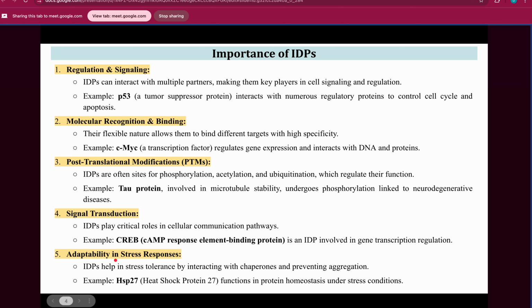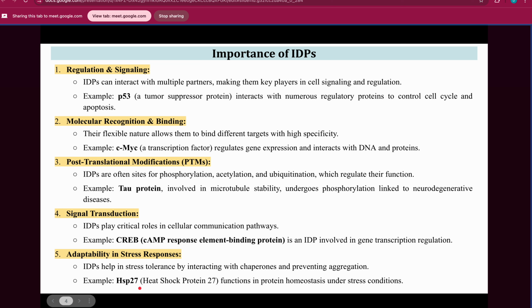The next feature is adaptability in stress responses. These IDPs also help in stress tolerance by interacting with chaperones and preventing aggregation. Due to their flexibility, they have the ability to interact with chaperones, and they do not get aggregated. That's why they are involved in stress response as well.